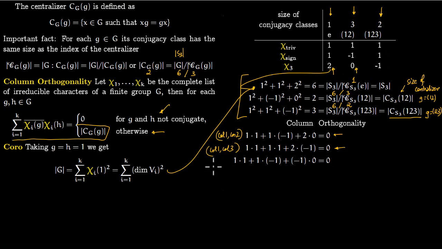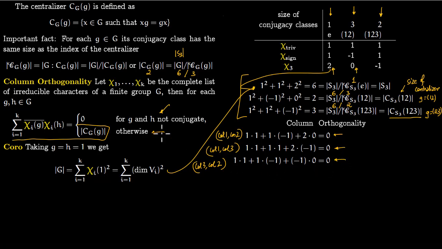And here we have column 3 and column 2. Column 3 is this: 1, 1, minus 1. So you have 1 times 1, 1 times minus 1, minus 1 times 0. Add it up, you still get 0.